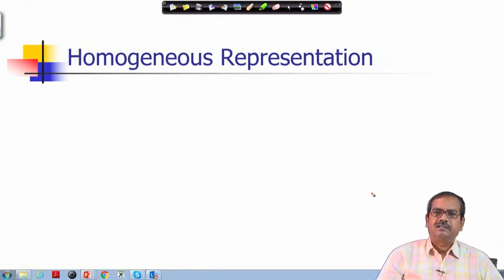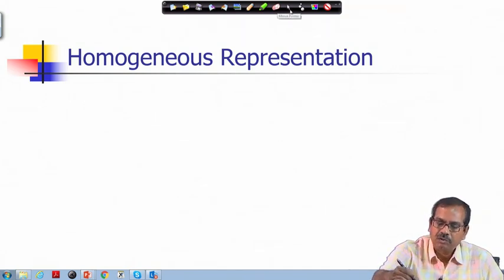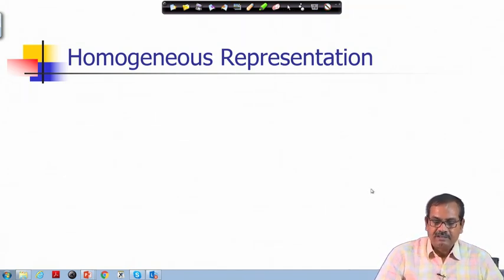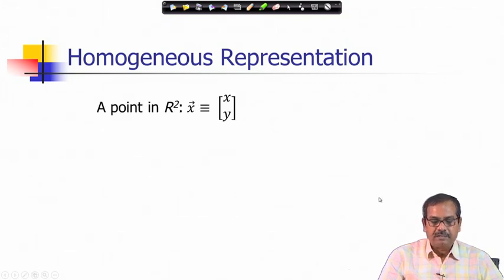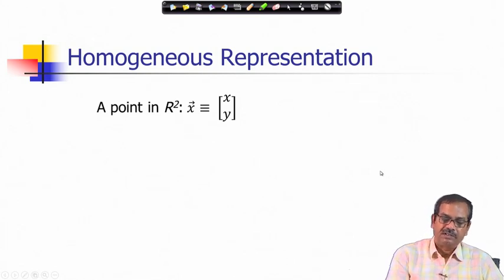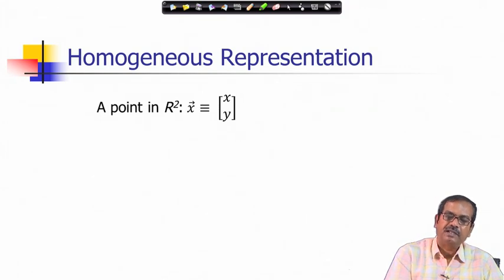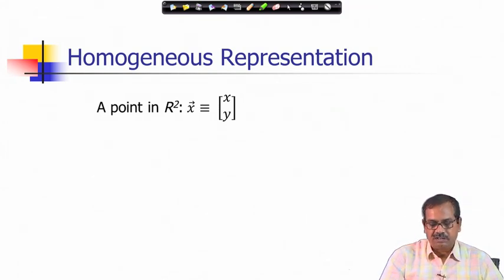Let us understand a bit more about this homogeneous representation. Let us consider a point in R square, which is the real space, the ordinary space we are used to in our geometry. Let us consider a point x. I am using this vector notation to denote that it's a tuple, in this case a 2-tuple of coordinates.